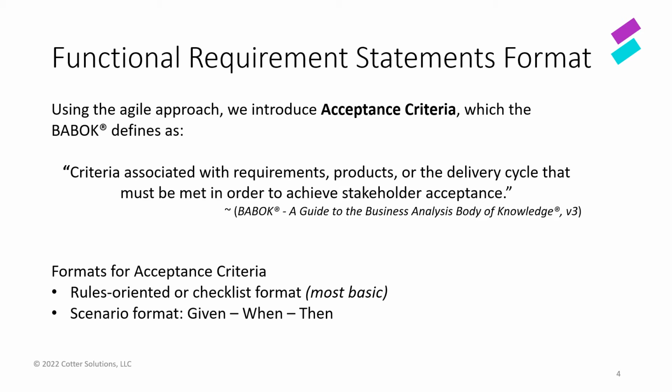Test scenarios can be created from these rules or from this checklist item. A more advanced format is the scenario format, where acceptance criteria is in the given, when, then format. To keep this training simple, we're not going to talk about that today, but I just wanted to mention it.